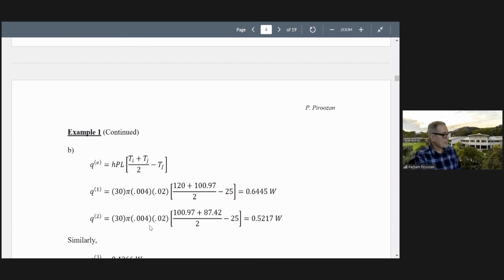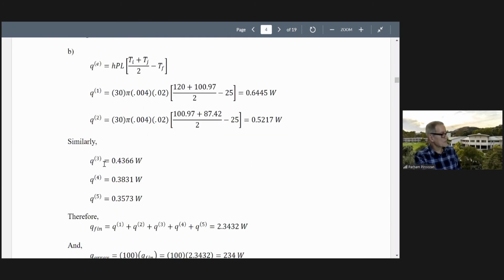Do the same thing for element 2, but pay attention: for element 2 it would be T2, T3. If we do this, we get this heat loss. So as you see, element 1 has this heat loss, element 2 has this much heat loss. Do the same thing for the other elements 3, 4, 5, adding them together.